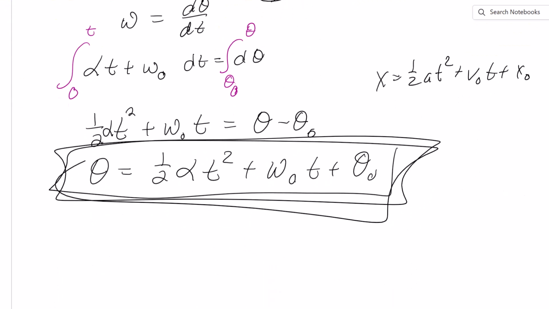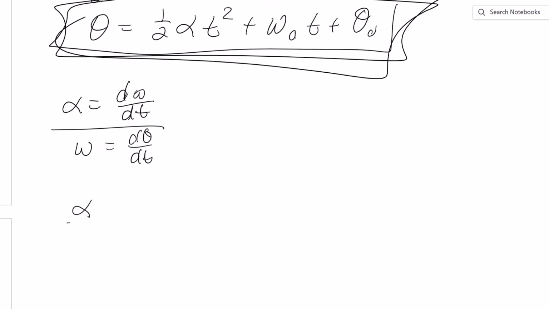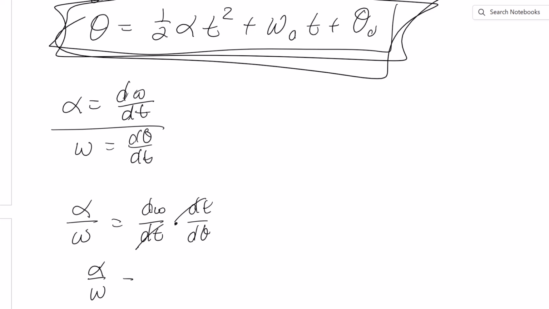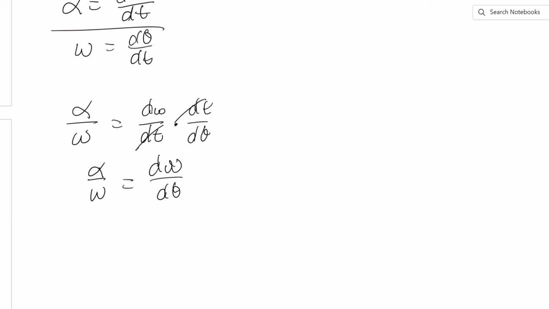And you know what else we can do? We can take alpha equals d omega dt and put it over omega equals d theta dt. And from there we get alpha over omega equals d omega dt divided by d theta dt. And then the dt's cancel out, and we end up with alpha over omega equals d omega d theta, also known as alpha d theta equals omega d omega.